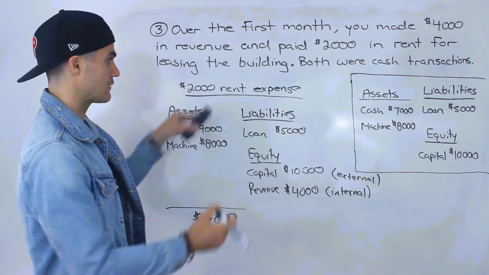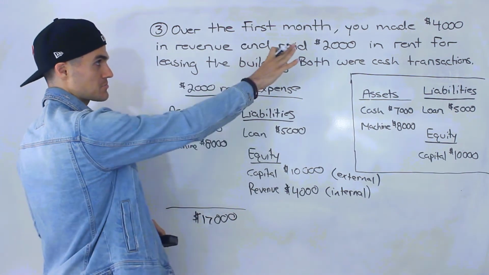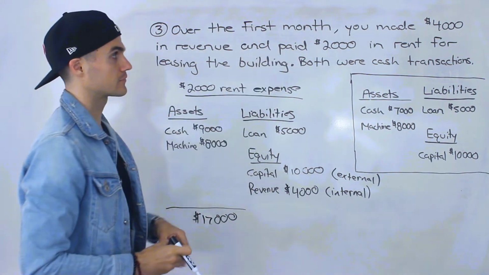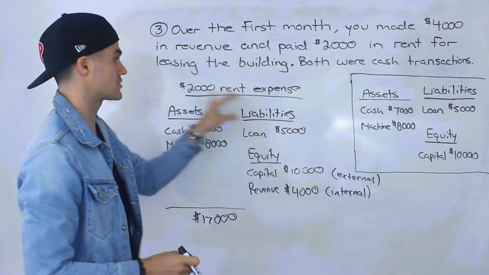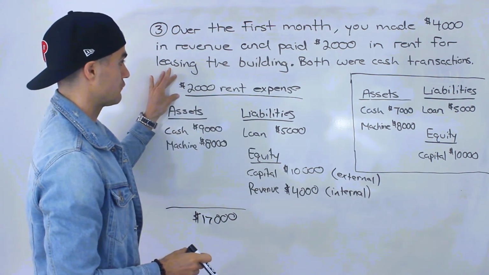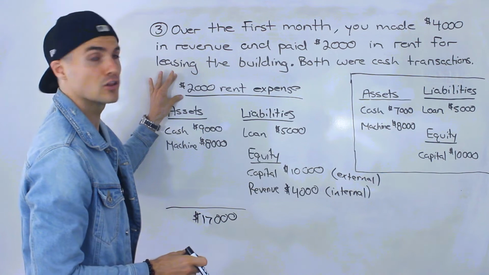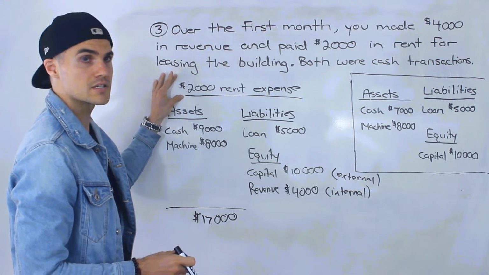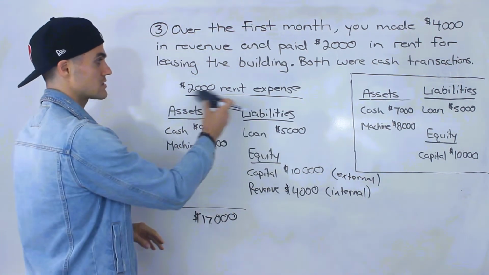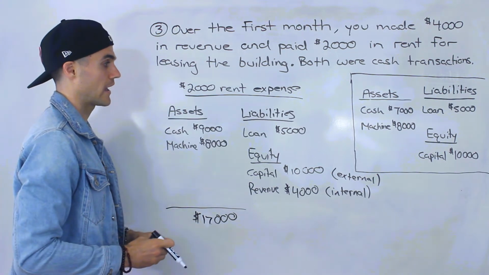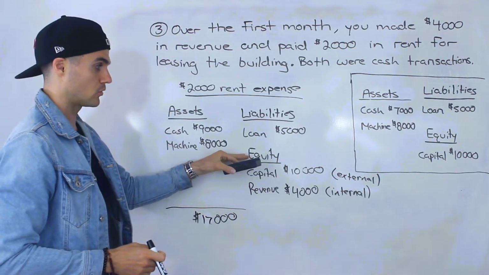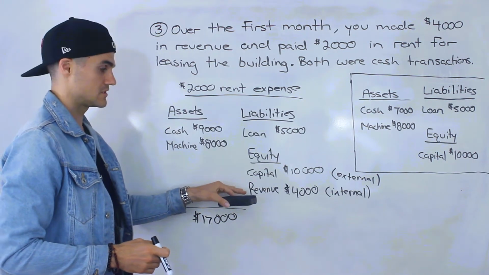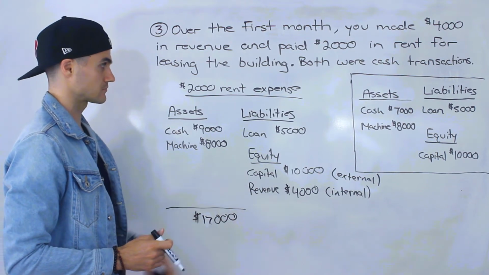And so notice that if we just look at this $2,000, let's keep that $4,000 out. If we just had this expense, that's a loss right there for the business, right? We have to spend money, this $2,000 on the rent. And so the equity holders would have to take that loss.